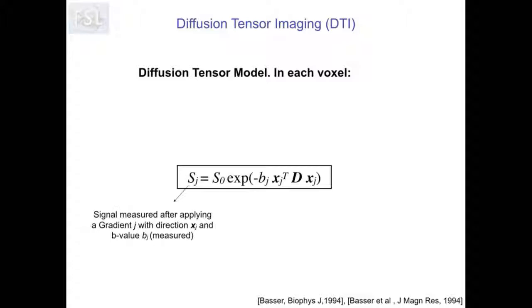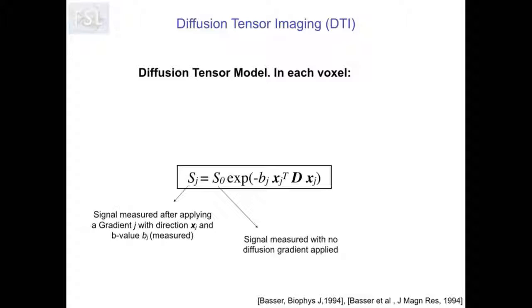So on the left-hand side of this equation, you have what you just sampled, which is the signal measured after applying a certain diffusion encoding gradient along direction j, right? So for each and every diffusion direction j that you sample, you have a certain signal intensity, right? Which is the profile that I was showing you before.